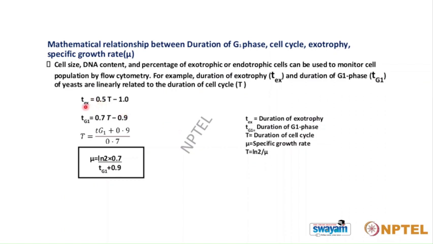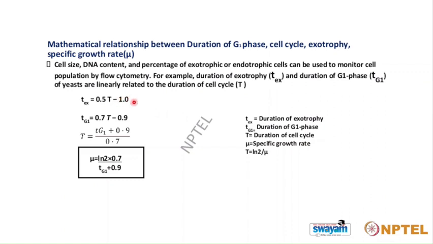Here Tx, which is nothing but the duration of exotrophy, can be related with this mathematical relation: 0.5 factor of T, the duration of cell cycle, minus 1.